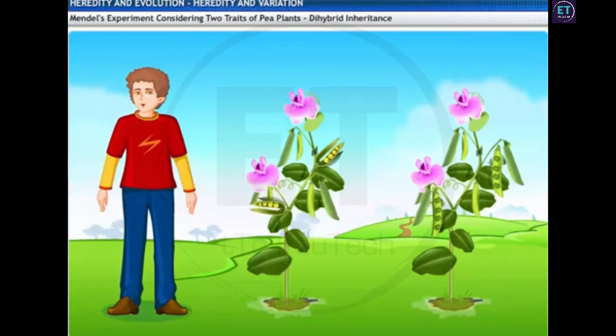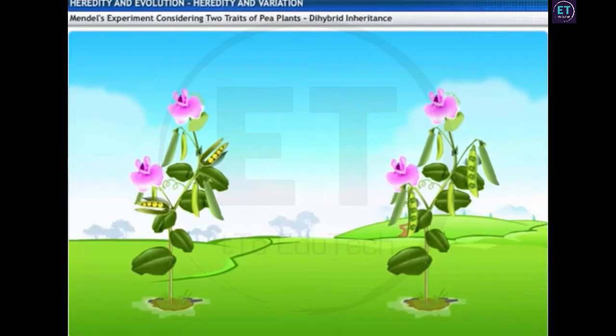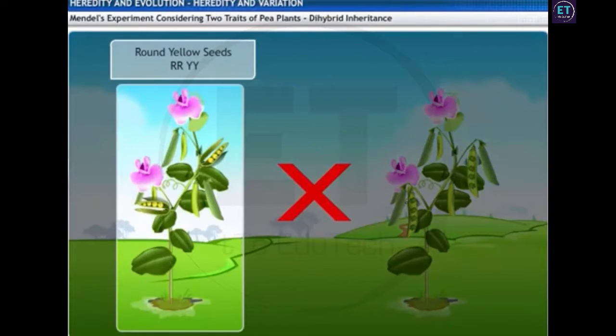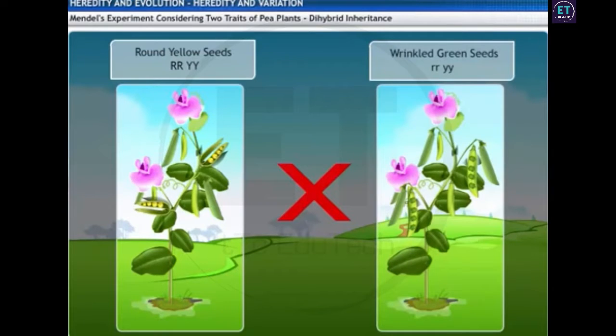What happens when pea plants of two different characteristics are bred with each other? That's an interesting question. Let's consider a hypothetical situation. We cross a plant producing round and yellow seeds, RR and YY, with a plant producing wrinkled green seeds, rr and yy.